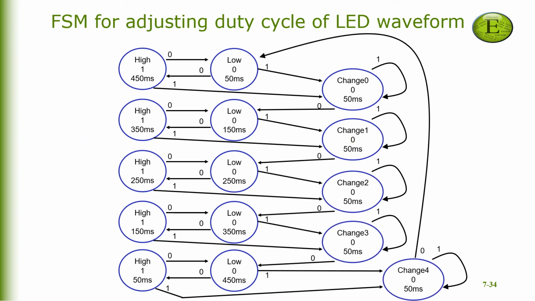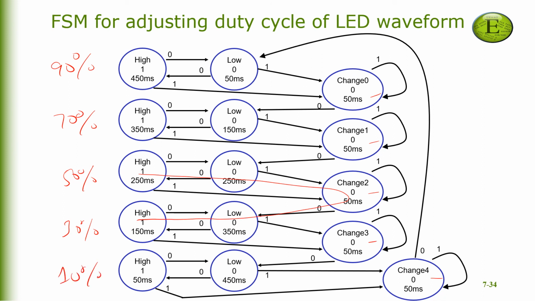And progressing this way, we can complete our finite state machine by adding these transition states, change 1, change 2, change 3, and change 4, allowing us to go from 90% duty cycle to 70% through this route, and then from 70% to 50% through this route, from 50% to 30% through this route, and from 30% to 10% duty cycle with this route over here.